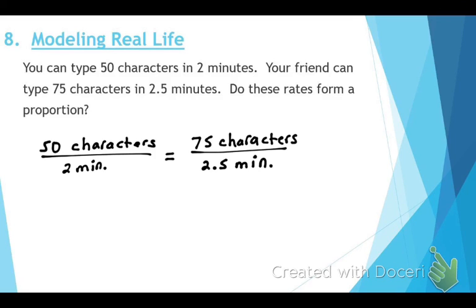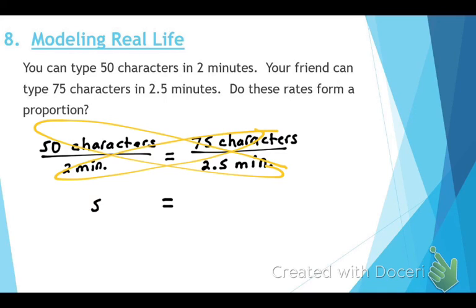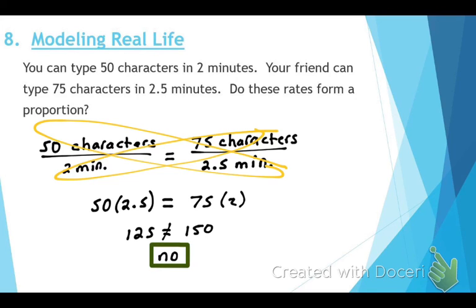Cross products, okay? So I can multiply across from each other. On the left side, I've got 50 times 2.5. On the right side, I've got 75 times 2. We know that 50 times 2.5 is 125, and 75 times 2 is 150. Do those form a proportion? No, they are not equal to each other.